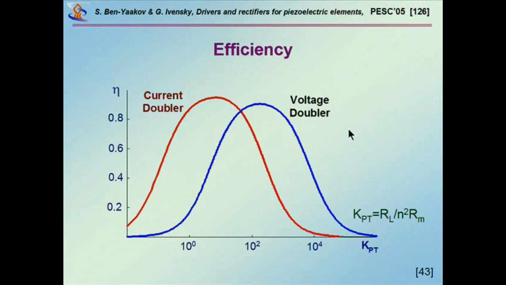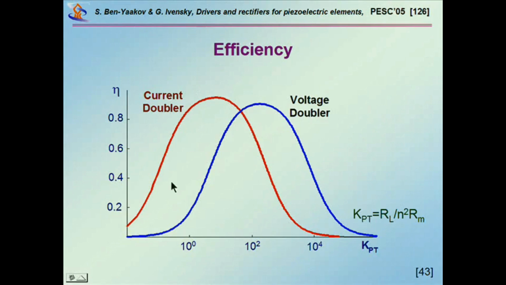Another interesting point that comes out from this analysis is the efficiency. For the current doubler the efficiency is good at low resistances, while for the voltage doubler the efficiency is very bad at low resistances. There is an optimum at the higher resistances. This is again all normalized. So if you have a high output resistance, the voltage doubler is the right solution.